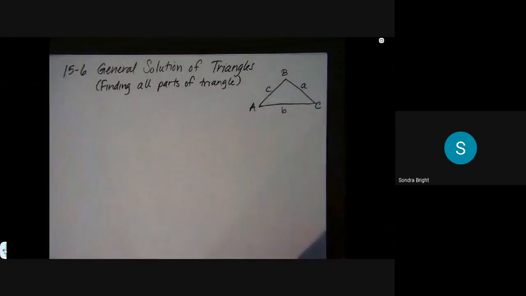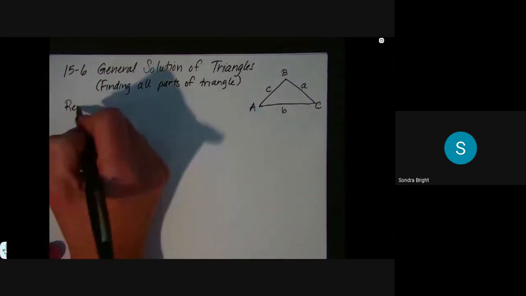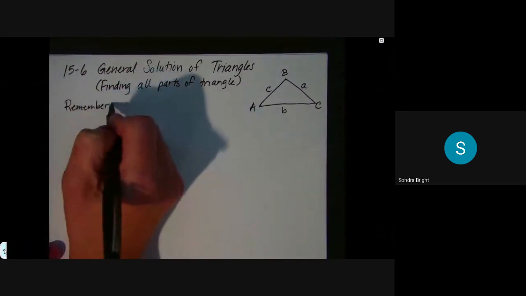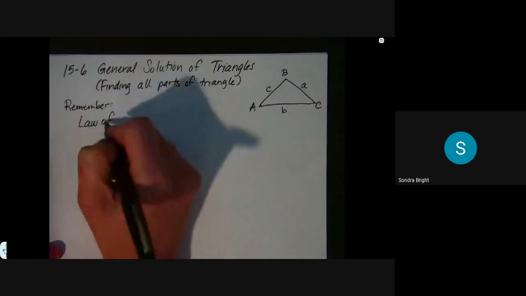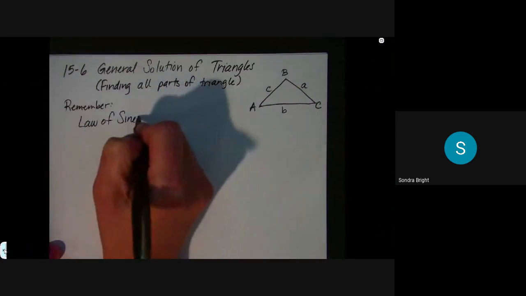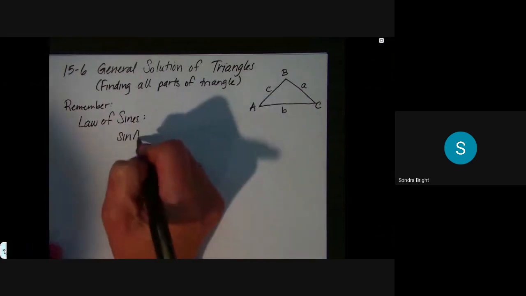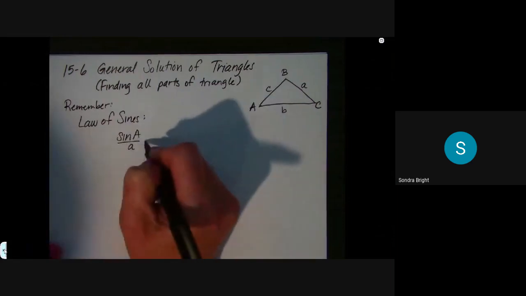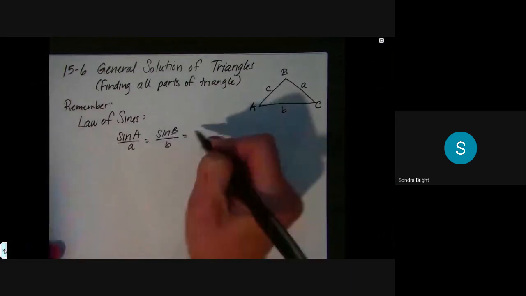And then remember what we've been learning. We learned about the law of sines, and that is sine of angle A over side a is equal to sine of angle B over side b, which is equal to sine of angle C over side c.